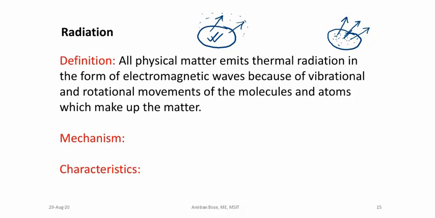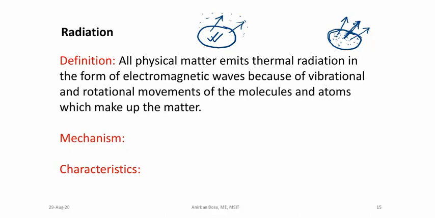A portion of that electromagnetic radiation is called thermal radiation. So thermal radiation is a kind of electromagnetic radiation, and it is emitted from matter because of the vibrational and rotational motion of the molecules or atoms it consists of. At any temperature it will emit radiation all the time.